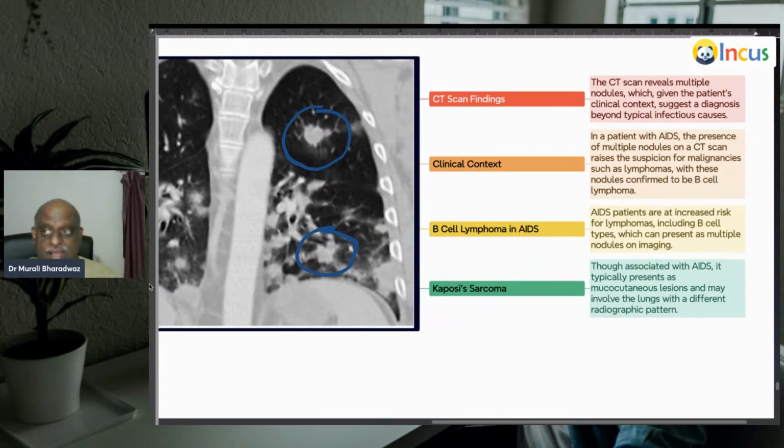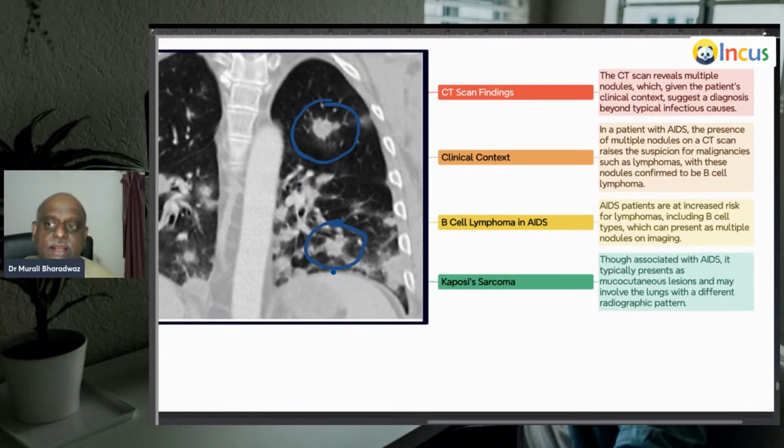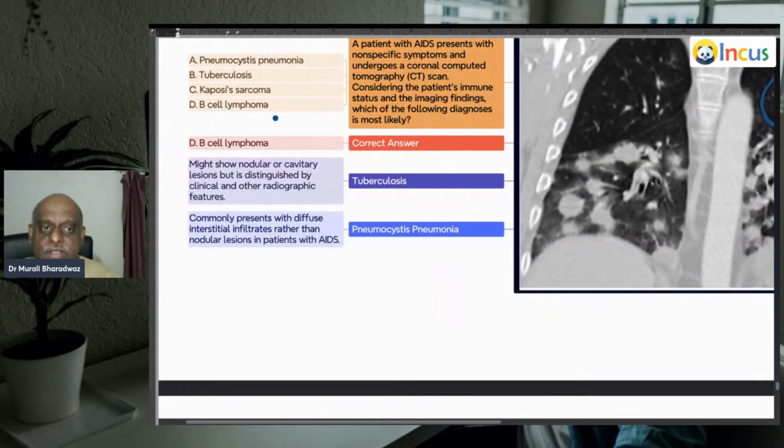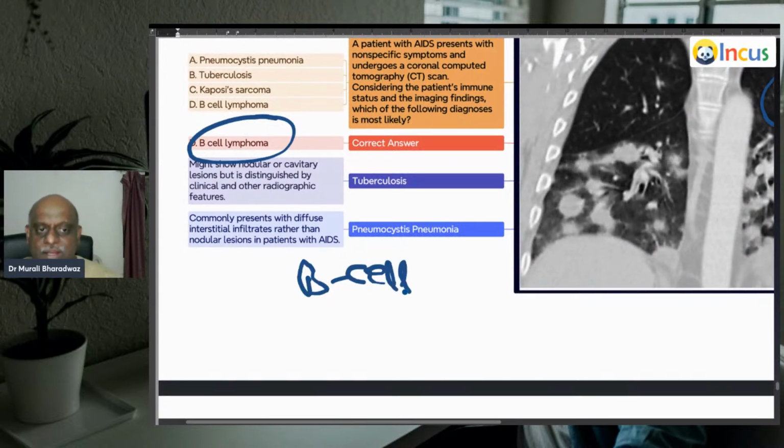So whenever a patient is having AIDS, multiple nodules on the CT always raise the suspicion of lymphoma, which is a B cell lymphoma, is what you need to remember. Why not pneumocystis? Pneumocystis will present like diffuse interstitial infiltrates rather than nodular lesions.